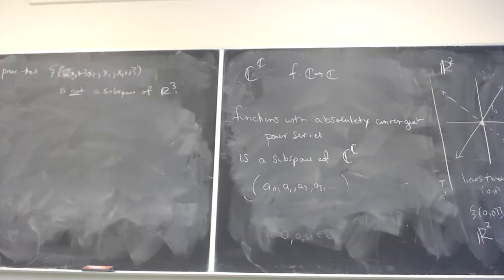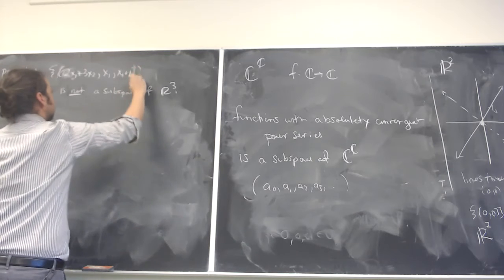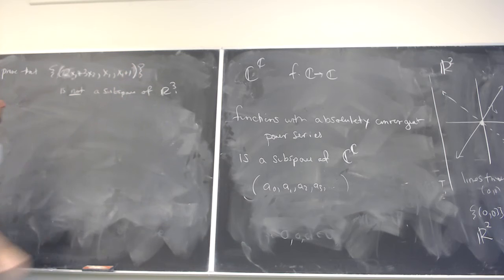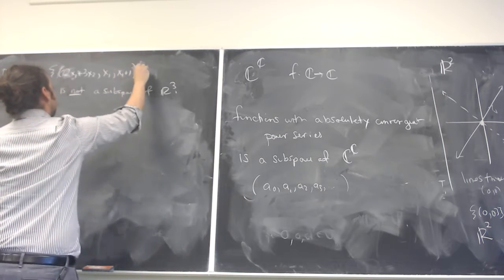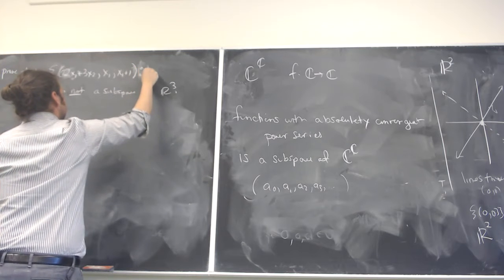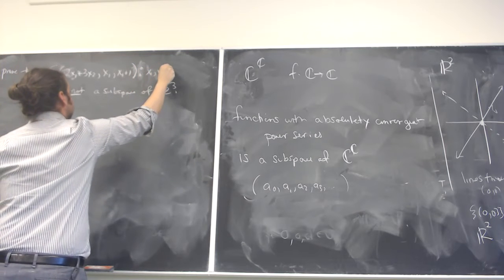There's two different ways of seeing that this is not a subspace. What I'm doing is taking every possible real number x1 and x2, putting it into this form, and looking at the set of everything that comes out the other side.